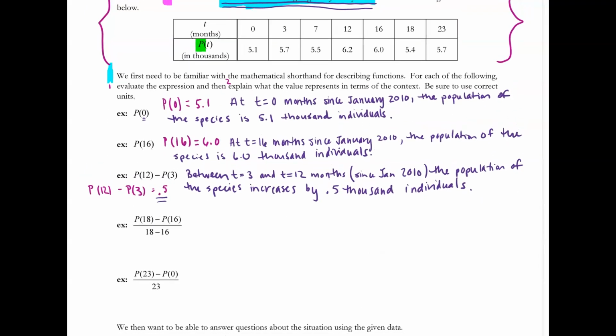So this should look to us like y2 minus y1 over x2 minus x1. All right, so what I would like you to do is to evaluate these two, and then we're going to explore describing them in context in the next video. So between videos, just stop and do the evaluation piece, and then we'll get into the next part.